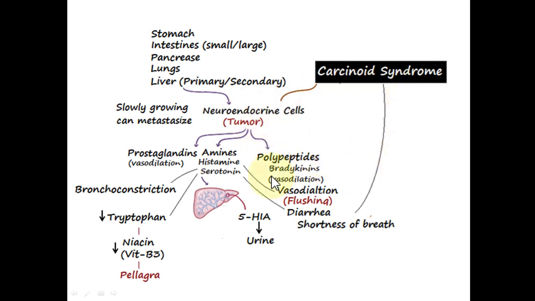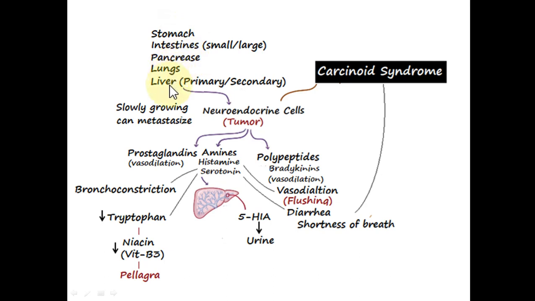So here we summarize the whole lecture, and we know that neuroendocrine cell tumors are known as the carcinoid tumors. The neuroendocrine cells are located in the stomach, small and large intestine, in the pancreas, and in the lungs.